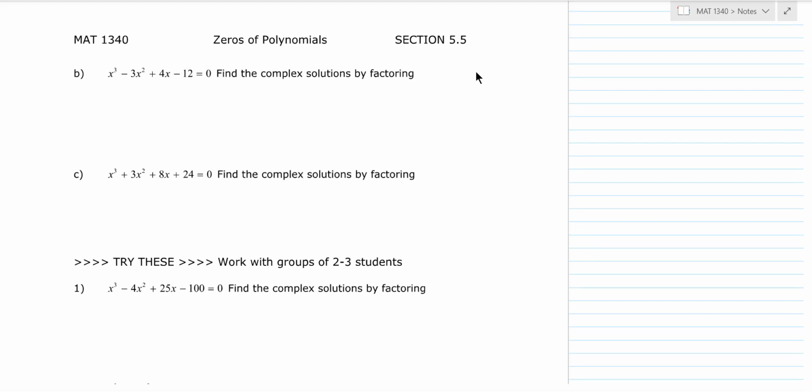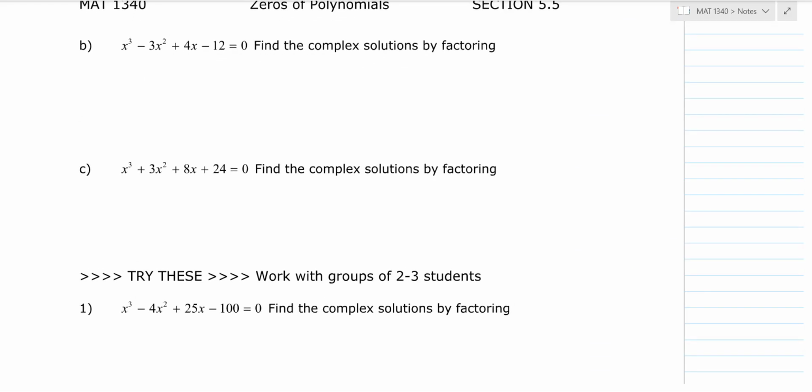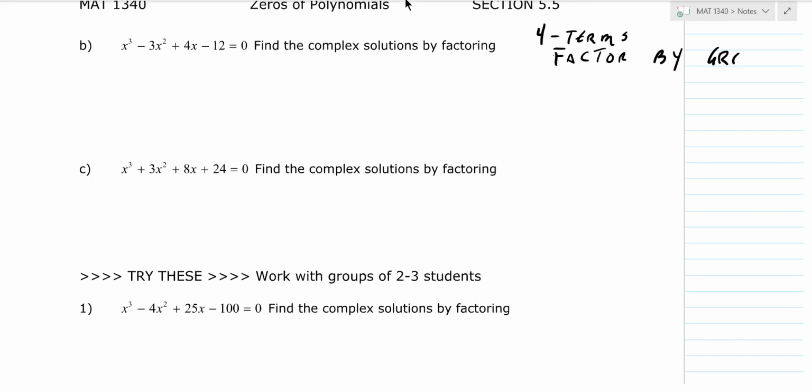So I think on your web work homework, you'll see some things where if you can factor a third-degree polynomial, then you want to try to do that. What you encounter here is these problems have 4 terms, and if you have 4 terms, then it's possible that you could do what we call factor by grouping. Factor by grouping works like this.